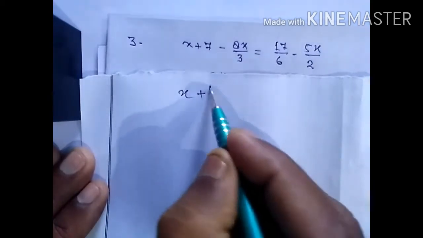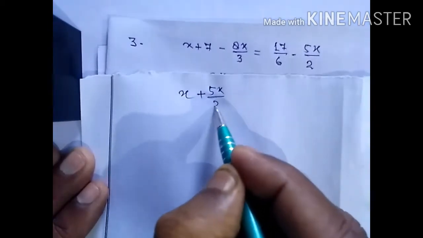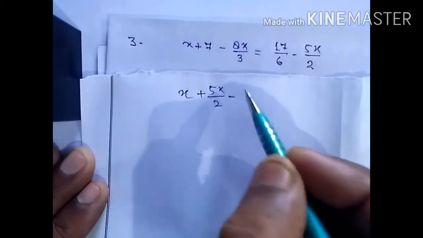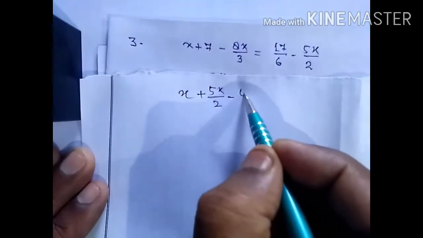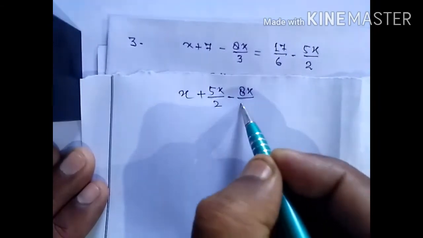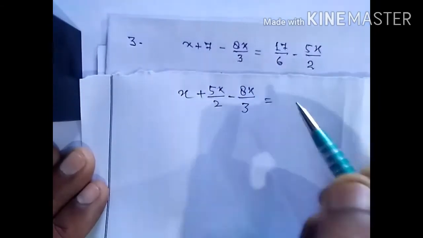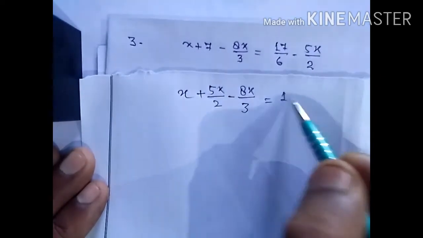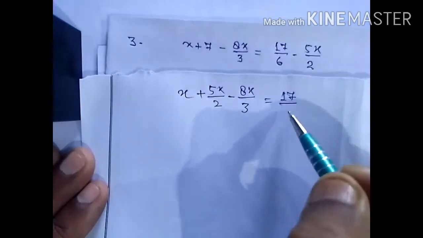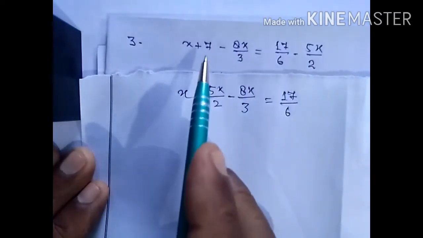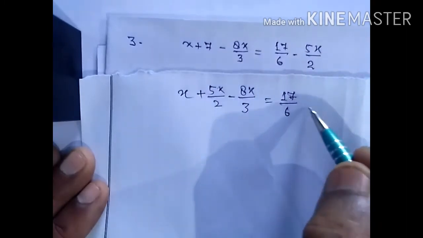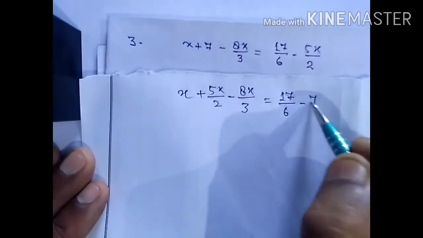So write 5x by 2 here, and after that we will write this minus 8x by 3 is equal to, now this one 17 by 6, and after transposing this 7 from the left hand side to the right hand side it will be minus 7.